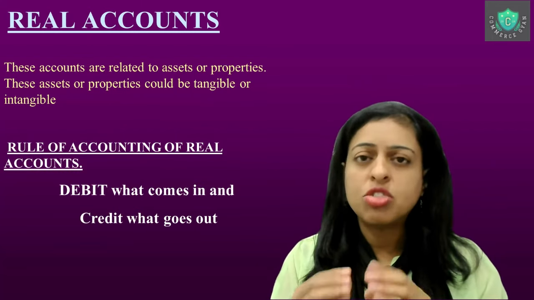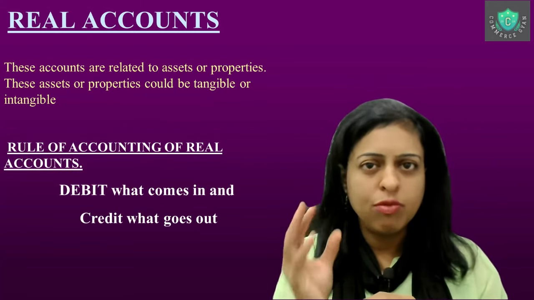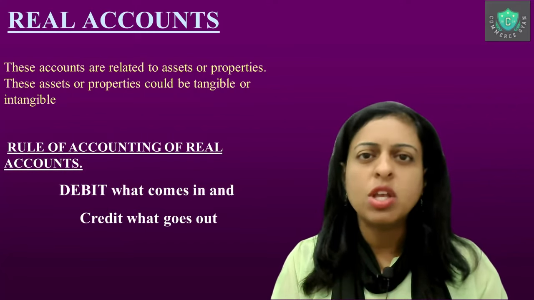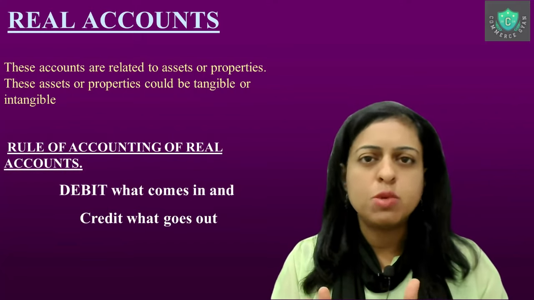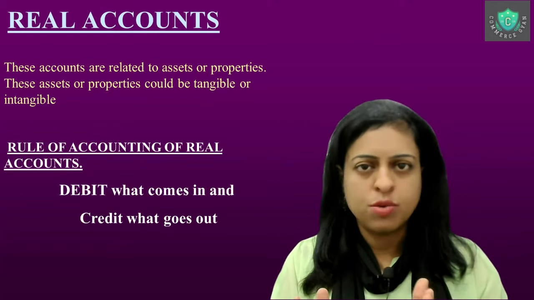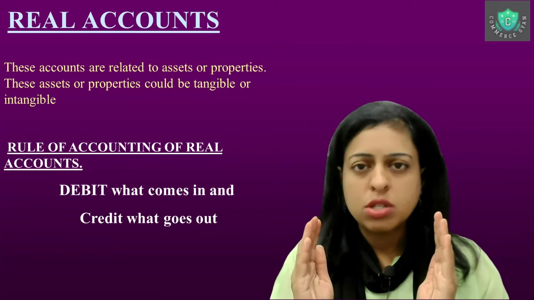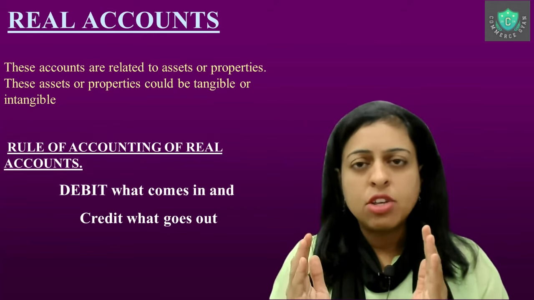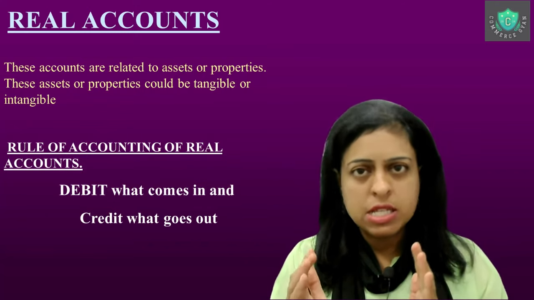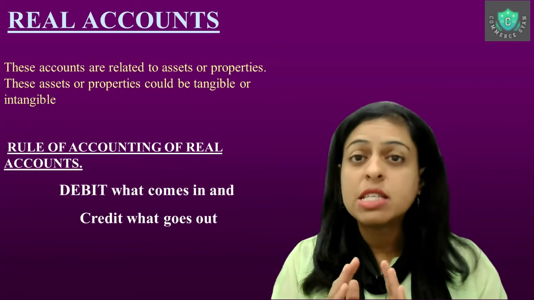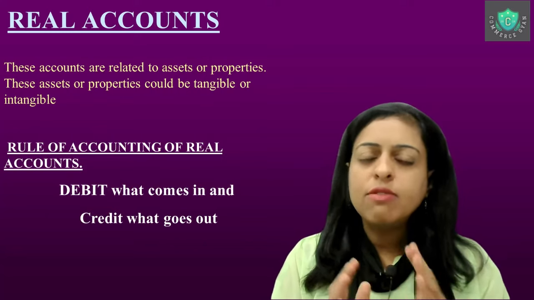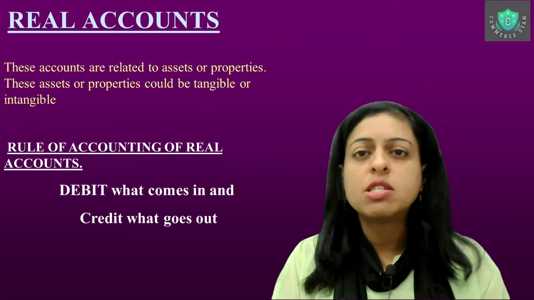In real accounts, the tricky part is cash account. So if you get confused, just note down that cash account will always be a real account. Fine. So real accounts, assets, and real accounts, you will have one part is tangible assets and second part is intangible assets.